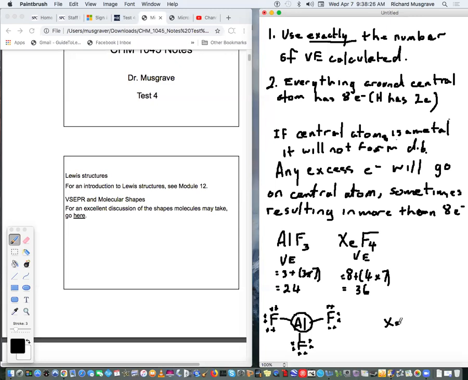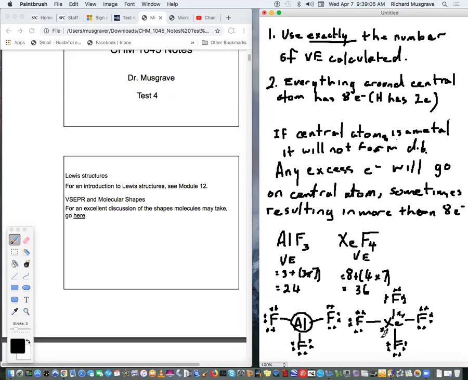We put the Xe in the middle, we join the F's, and then we put enough electrons around the fluorine to give it 8. That would be a total of 32 that I've used so far. And then the other 2 pairs go on the Xe.